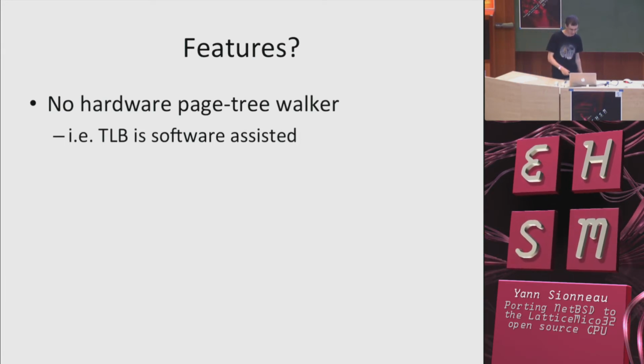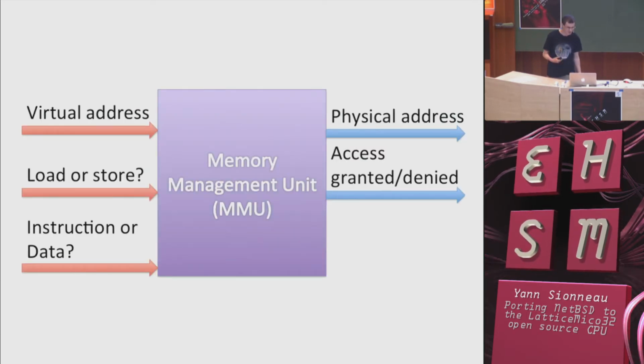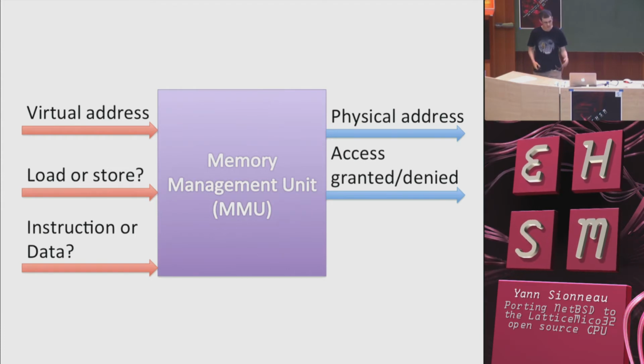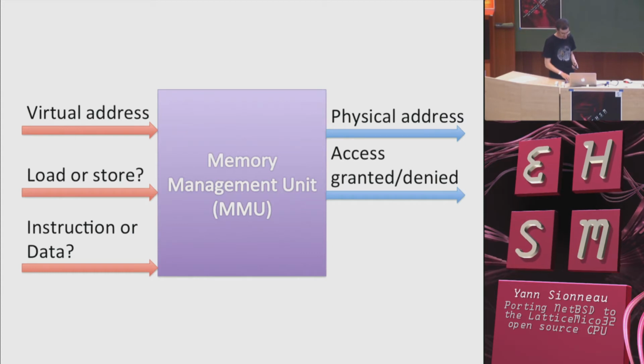It's software assisted. So, okay, we've got a hardware block called the MMU. We're feeding it a virtual address. We're feeding it if it's a load or a store, and if it's instruction or data, and it's producing a physical address, and it's saying if the access is granted or denied. But it's not just that, because, in fact, the MMU needs to be able to say something else.